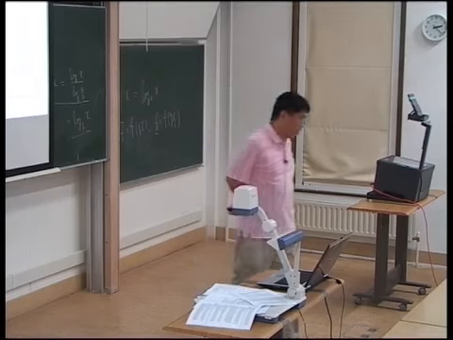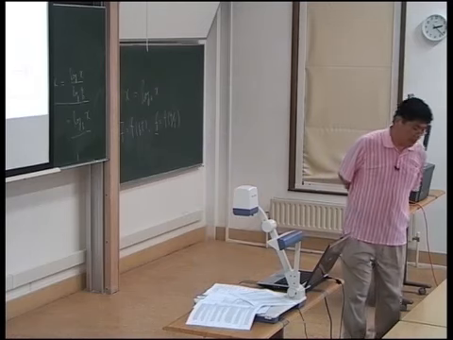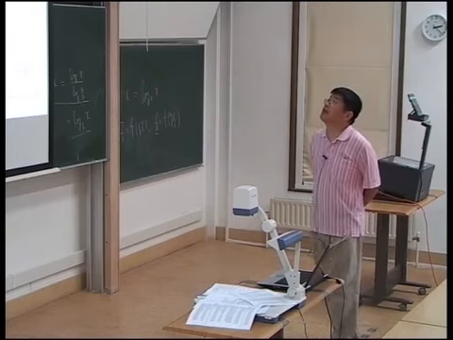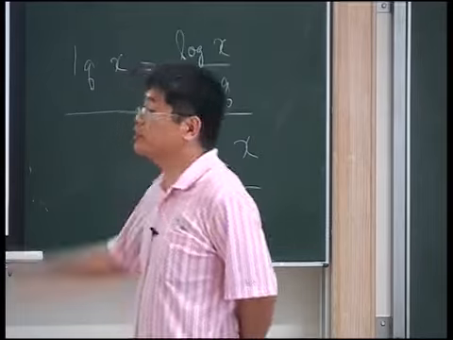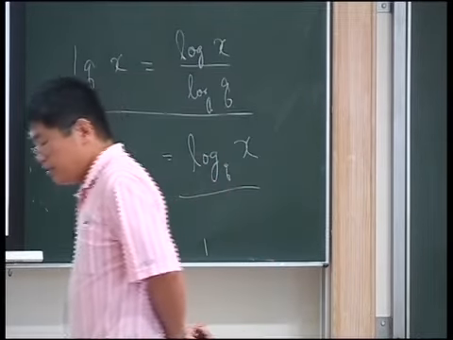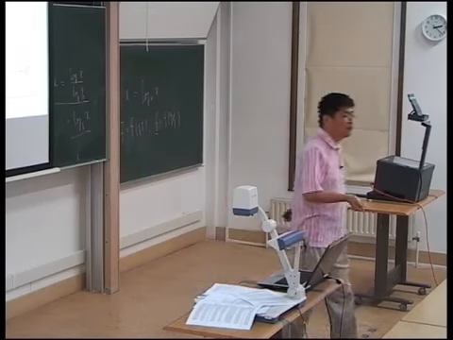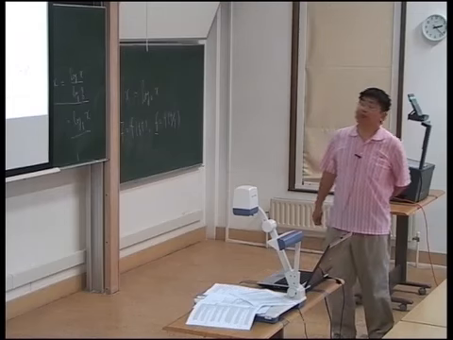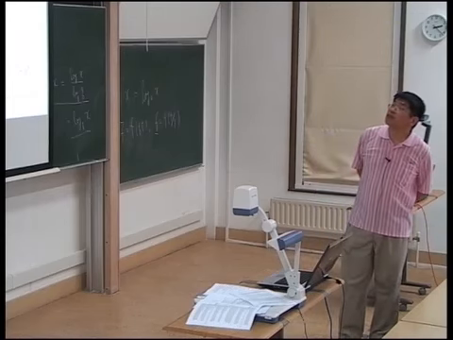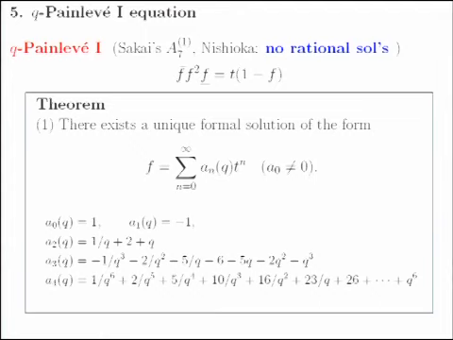Recently, Sakai's student Nishioka showed that this qP1 is transcendental in the sense that it has no rational solutions and it has no solutions reduced to first order nonlinear q-difference equations. So there are no reductions in this. So all solutions are transcendental. This was solved by Nishioka, Sakai's student.